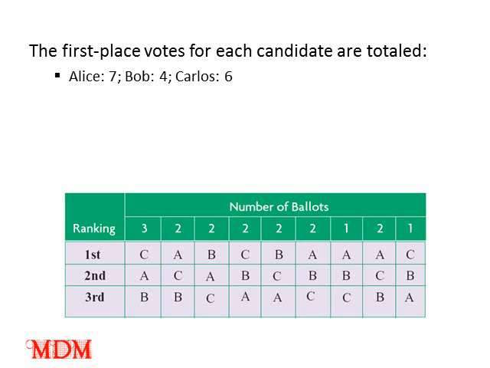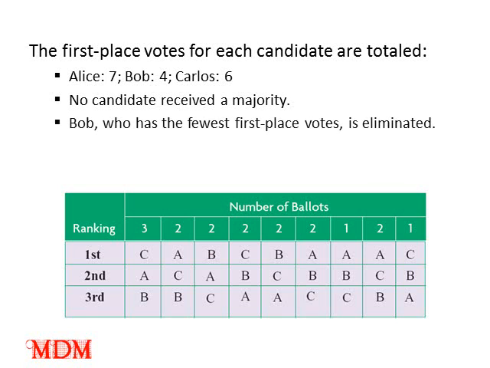Bob has 4, 2 here, and 2 here. And Carlos has 6, 3 here, 2 here, and 1 here for a total of 6. No candidate again received a majority, and so Bob, who has the fewest first place votes, is eliminated.